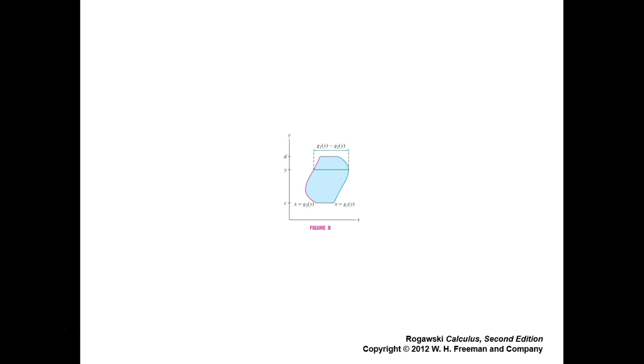Now your delta is your dy, not dx. You're dividing the interval from C to D along the y-axis into delta y's, and then the length is the difference of those two functions, G1 of y minus G2 of y.